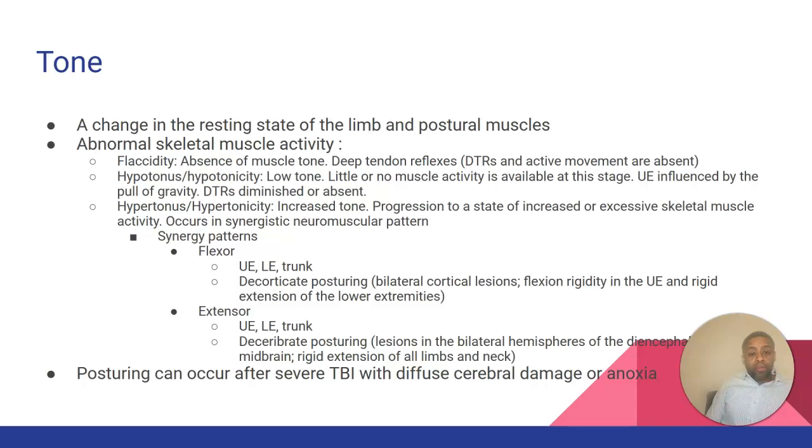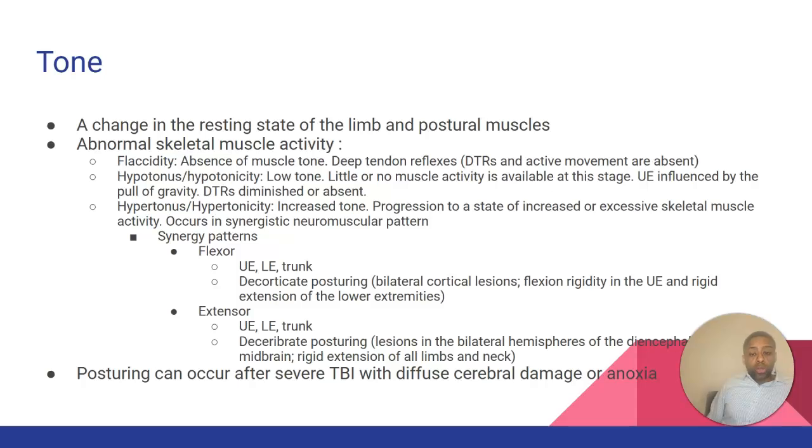Now, when it comes to the skeletal muscles and tone, there are different types of abnormalities that we can observe, right? Flaccidity is the complete absence of muscle tone, right? And the deep tendon reflexes are not there, and active movement is not there.